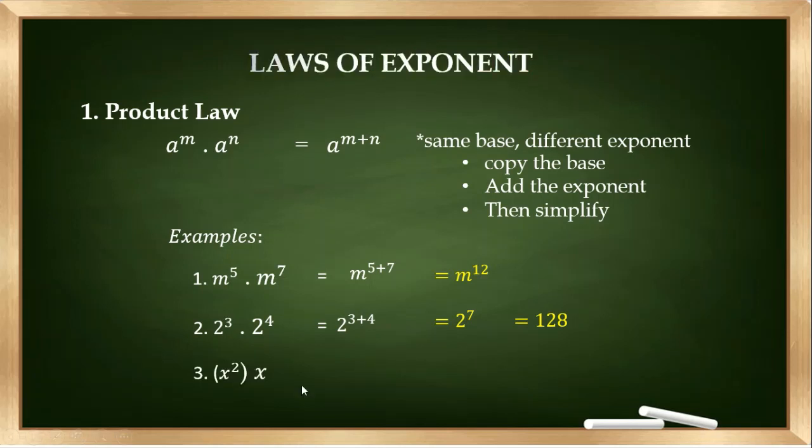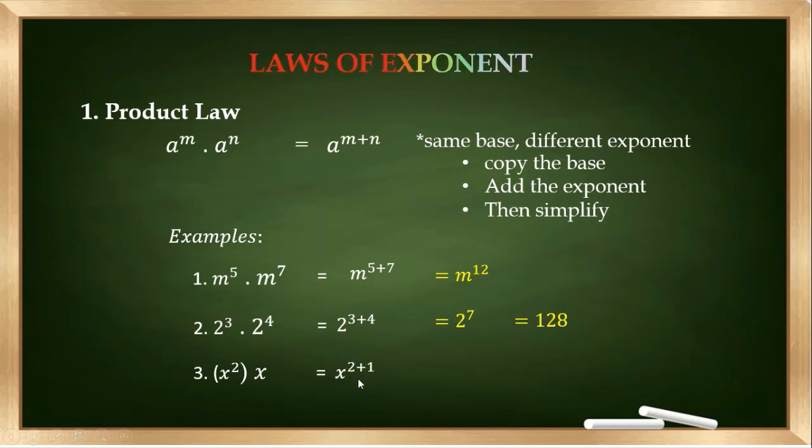Alright? So last one is we have x squared times x. So that is equal to x raised to the 2 plus 1. Why? Saan galing yung 1? Kapag ganito, nakita nyo yung variable or any constant na walang number sa taas, that is understood na ang kanyang exponent is 1.